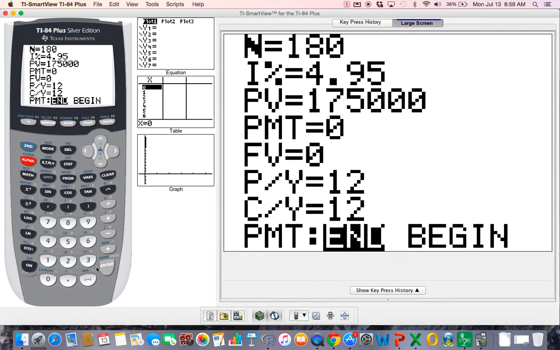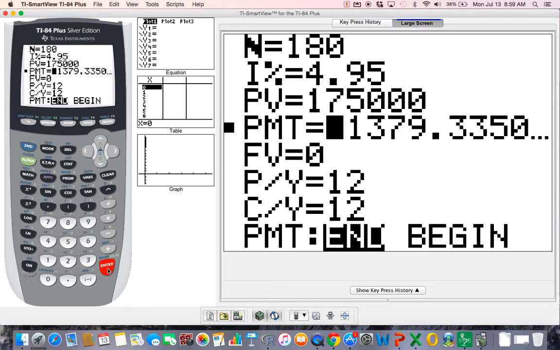So anyway, guys, let's get the payments. The payment is $1,379.34. Now that I've got the information in the calculator, I can start to do some stuff.